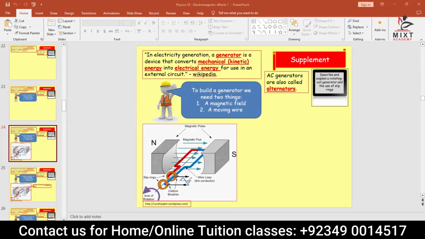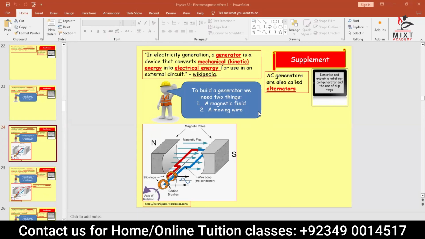So if I ask you what is the phenomenon, you can simply tell me that the rate of change of magnetic flux is directly proportional to the EMF produced in the coil. That is the phenomenon of an AC generator. And what is an AC generator? A generator is a device that converts mechanical energy into electrical energy.